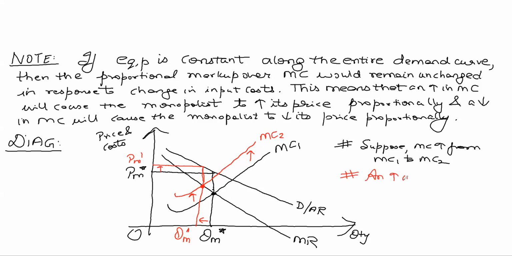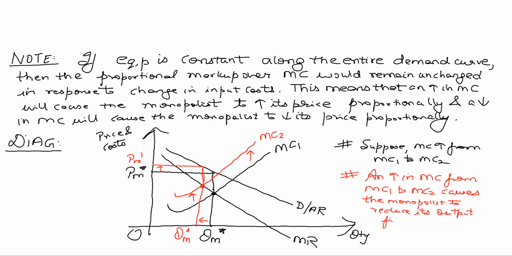An increase in the marginal cost from MC1 to MC2 causes the monopolist to reduce its output from QM star to QM dash and increase its price from PM star to PM dash.